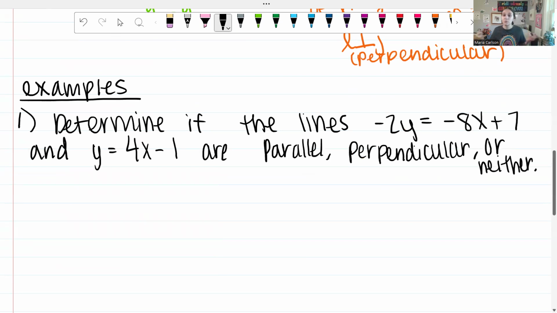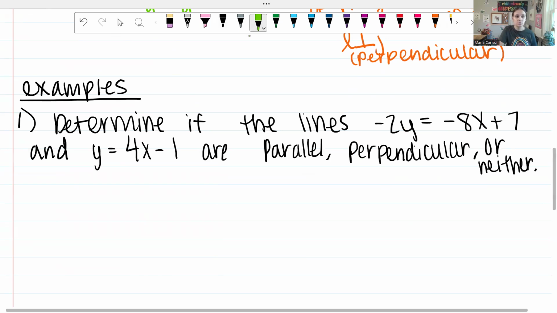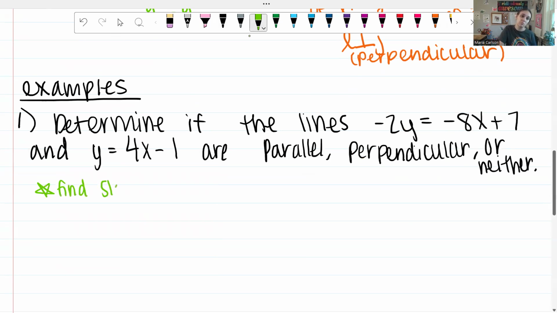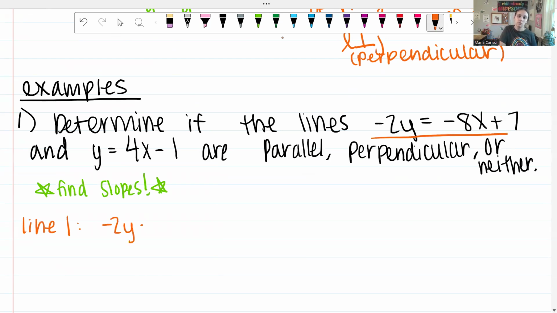So to determine this, we have to look at their slopes. We need to find the slopes of both lines. So I'm just going to start with line 1, which is negative 2y is equal to negative 8x plus 7.